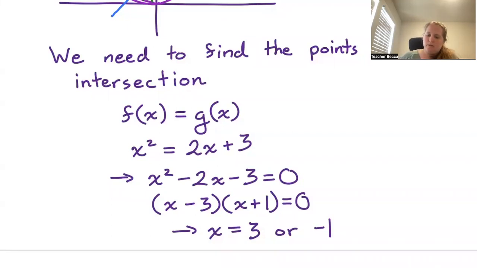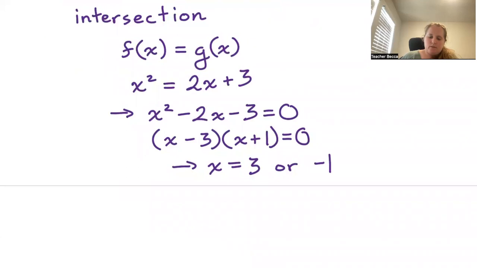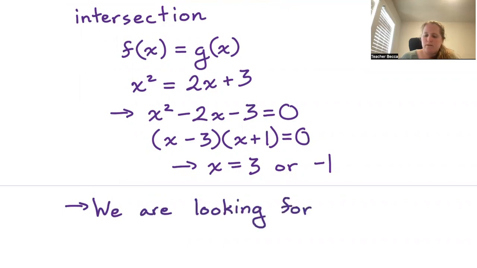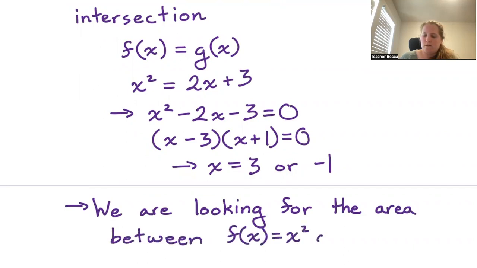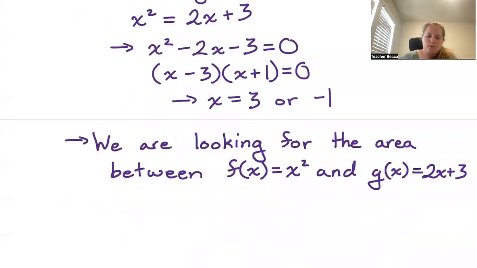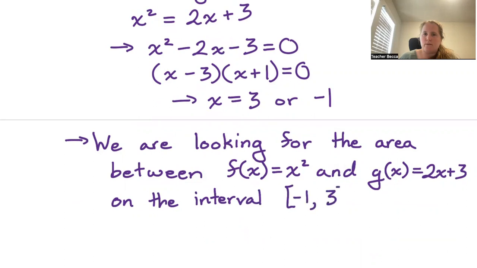Again, essentially, we are looking for the area between f of x equals x squared and g of x equals 2x plus 3 on the interval -1 to 3.